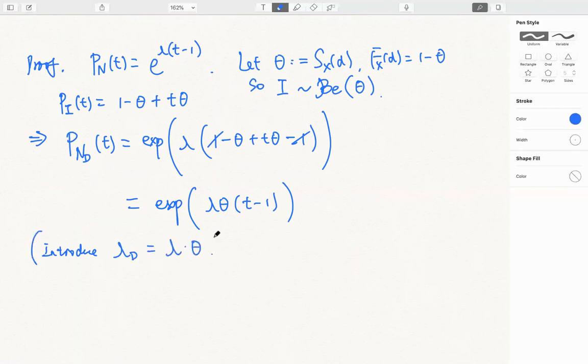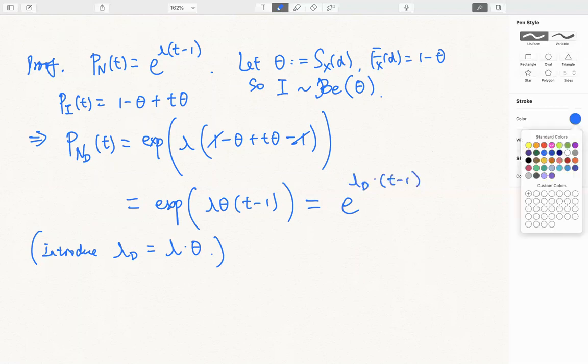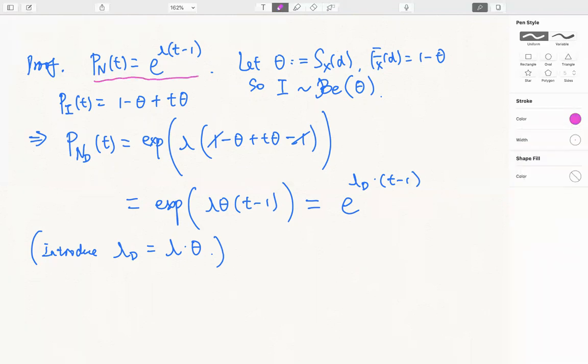Okay, with this introduction, what do we have? This is e to the power of lambda_D times (t minus 1). Do a quick comparison to the PGF of a Poisson distribution. What can we conclude? We must have this new random variable N_D following another Poisson distribution, but with modified mean.